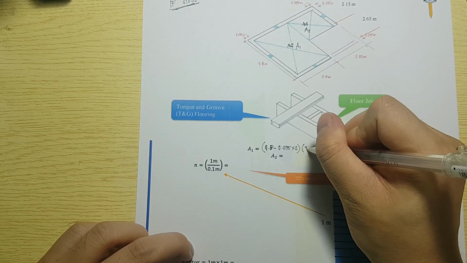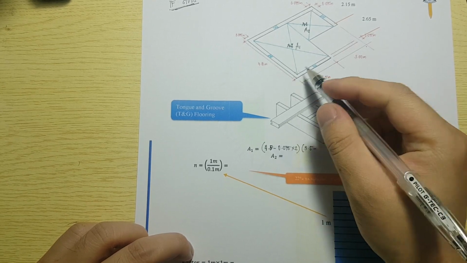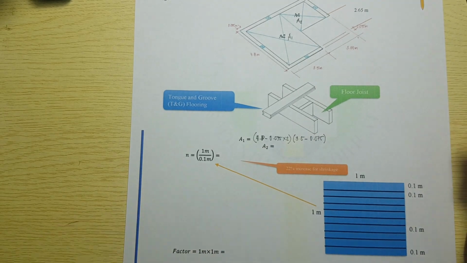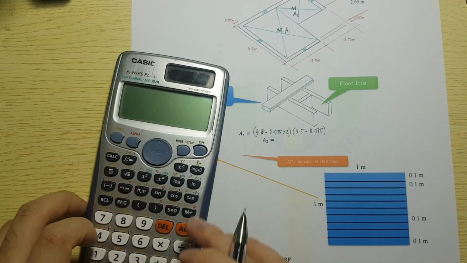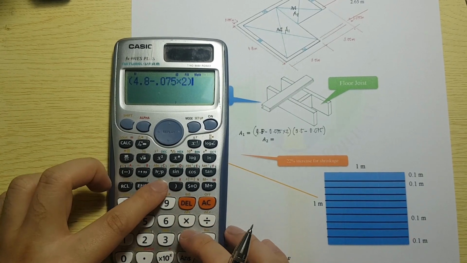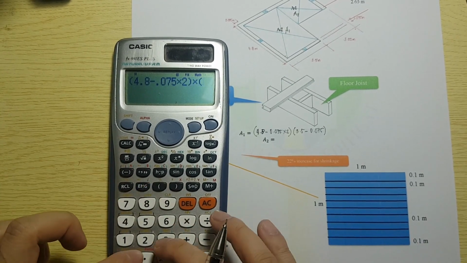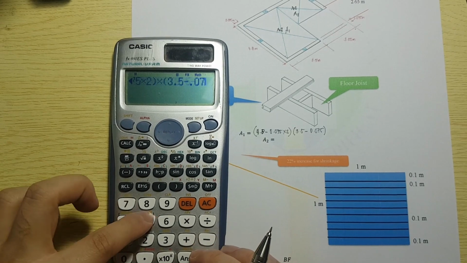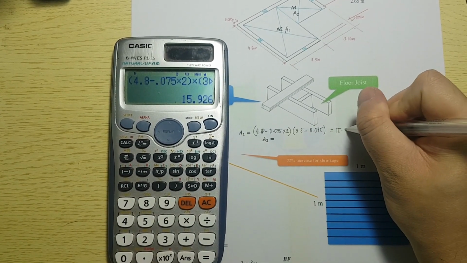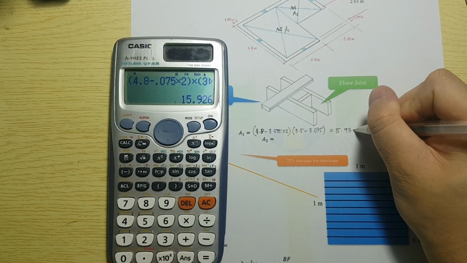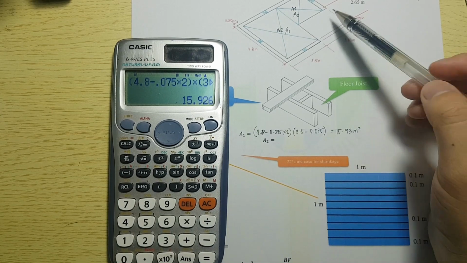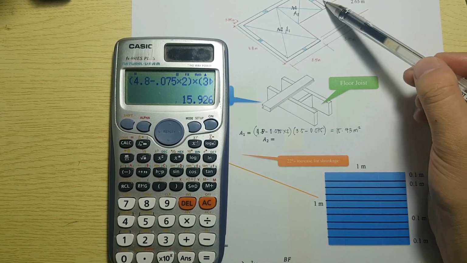So that is equivalent to 3.5 minus 0.075, and that is for area number 1. So 4.8 minus 0.075 times 2 times 3.5 minus 0.075, and that is equivalent to 15.93 square meters.